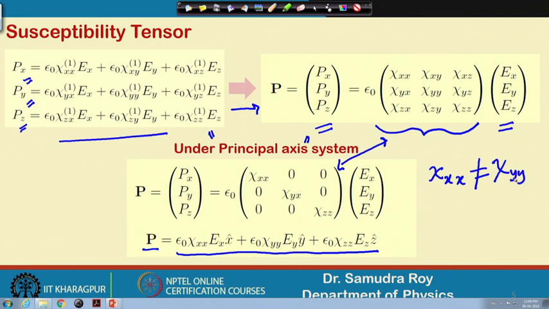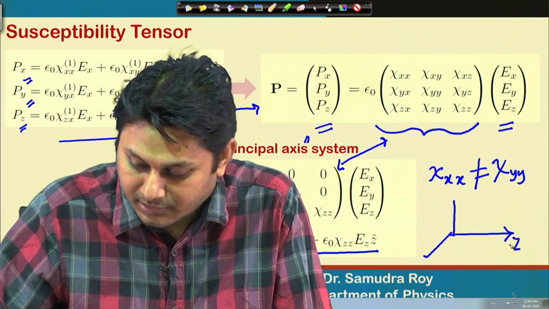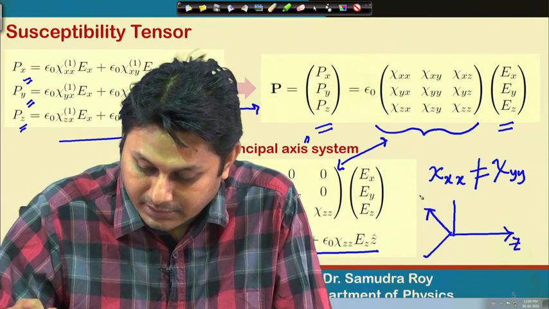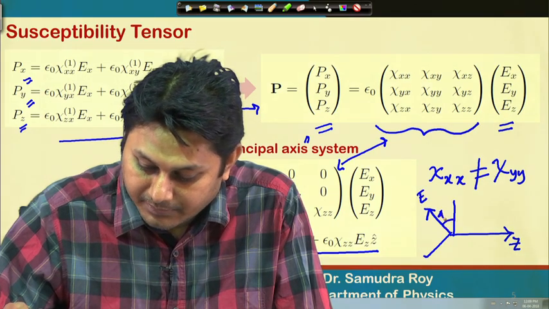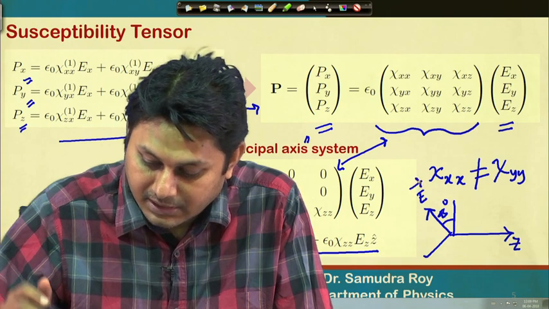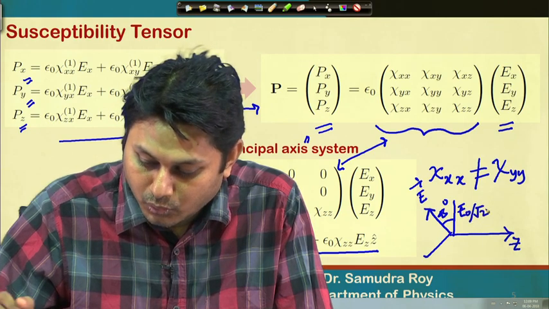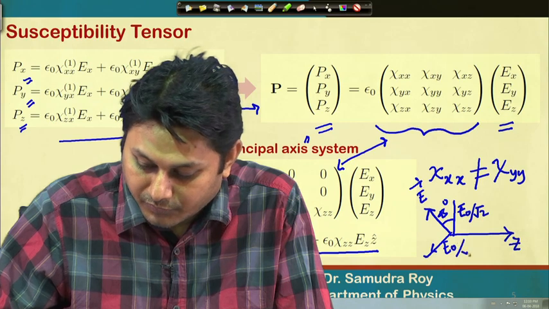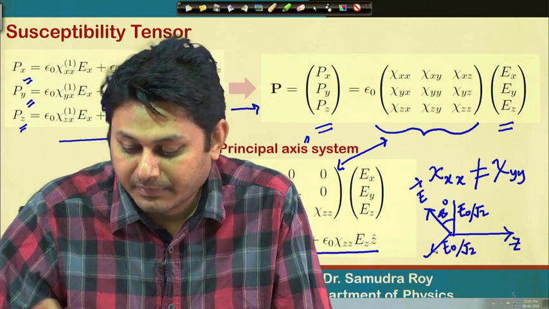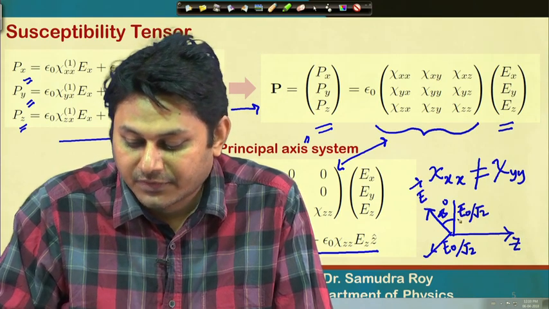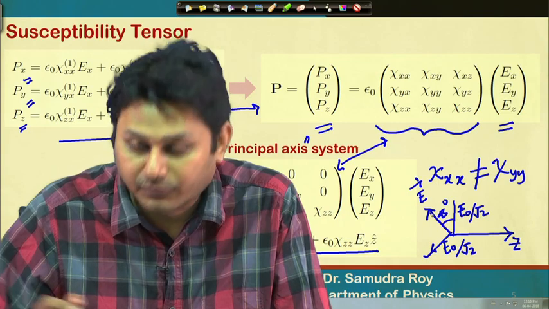So, if I launch an electric field having the same Ex and Ey, forgetting about the Ez component, with the field distributed in x and y, for example, this is the coordinate system, this is my z direction, and I launch an electric field E here at a 45 degree angle. Then I have a component E0 over root 2 here and E0 over root 2 here. The amplitudes of the electric field are the same, so Ex and Ey are the same.